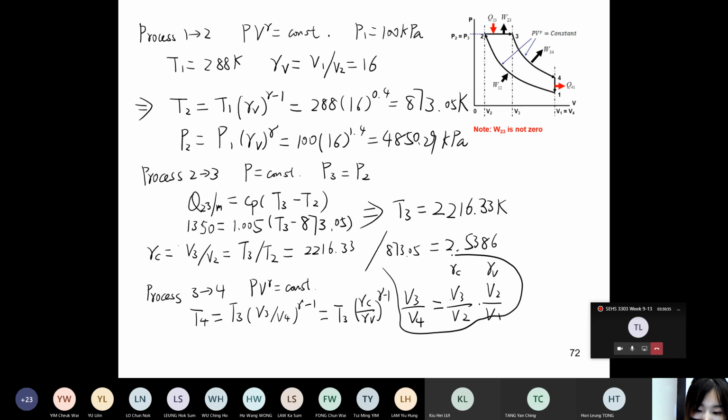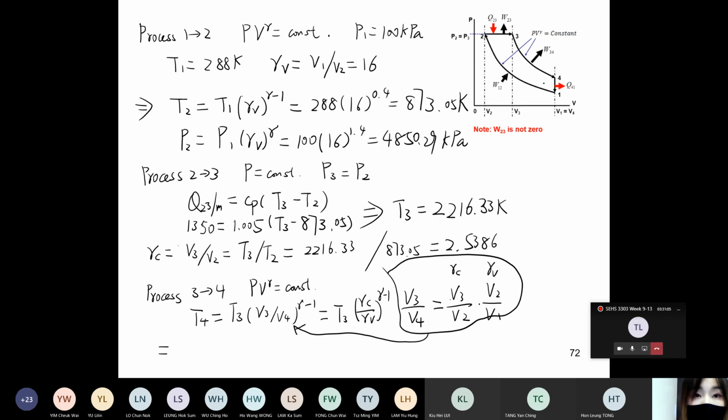We plug this into this equation. That's what we have by using the cutoff ratio and the compression ratio. We know we have already calculated the cutoff ratio and we know the compression ratio. We can calculate the temperature at point 4.